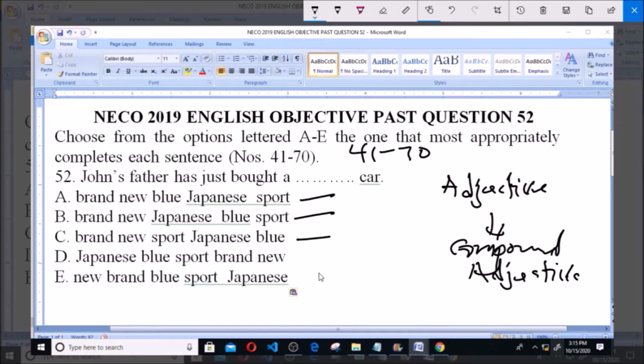D says Japanese blue sport brand new. E says new brand blue sport Japanese. In compound adjectives, we talk about the condition of the product, then the color, and then the country of the product. So option A is correct.